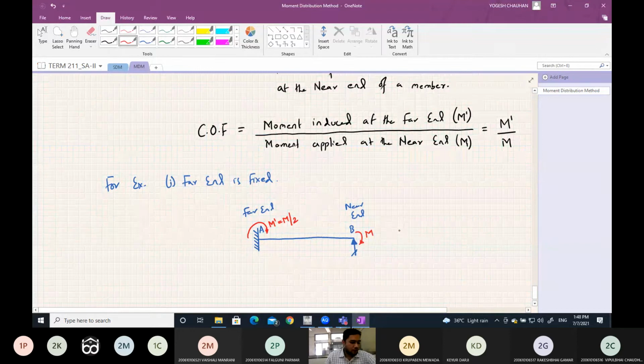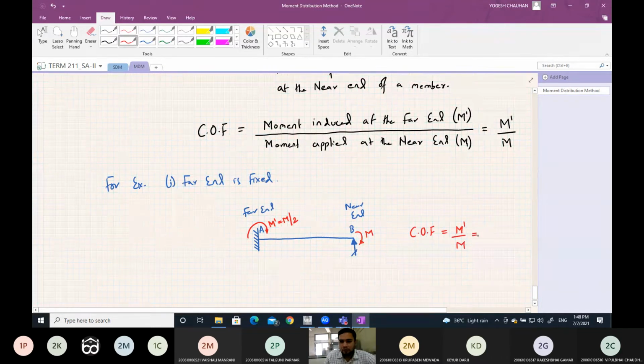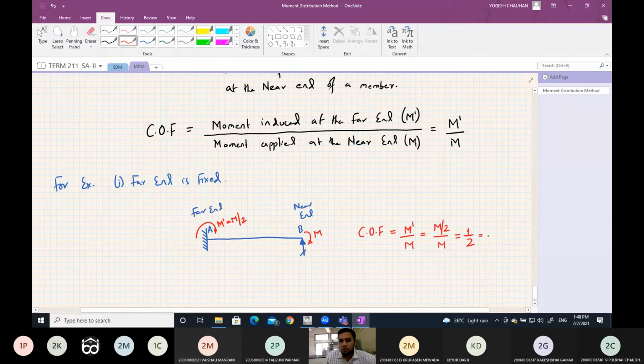Okay. So here in this case, the carryover factor is equal to M dash by M, which is M by 2 upon M, which is 1 by 2, or we can say 0.5.